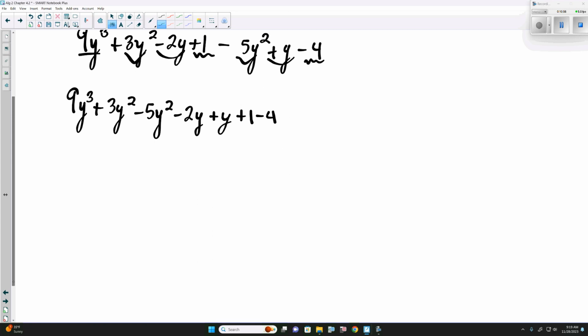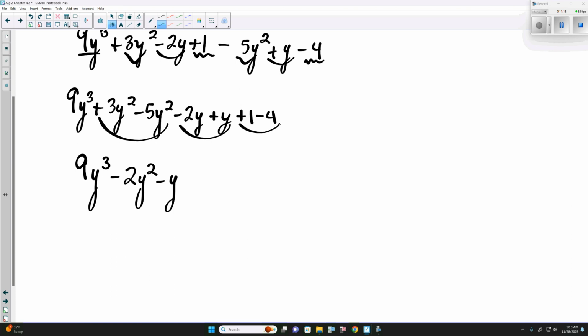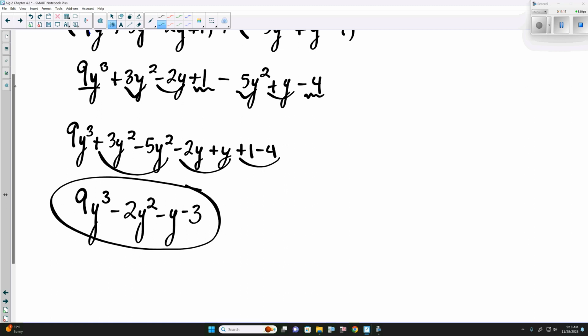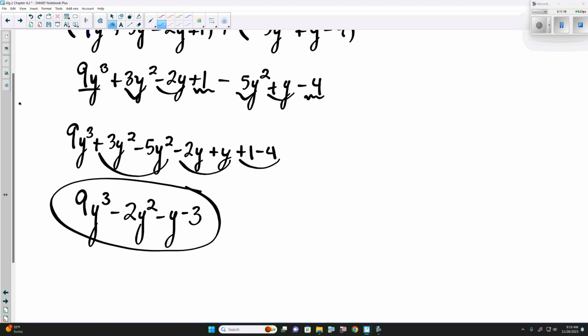And the last thing to do is just combine like terms. Well, 9y cubed is already as simplified as it gets. 3y squared minus 5y squared is negative 2y squared. Negative 2y plus y is negative y. And 1 minus 4 is negative 3. That's it.